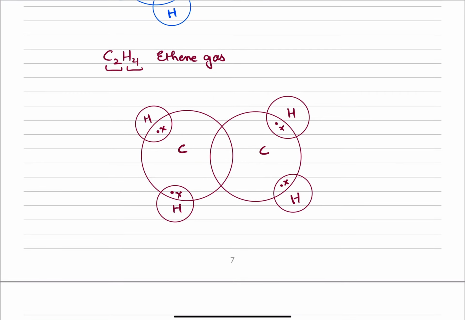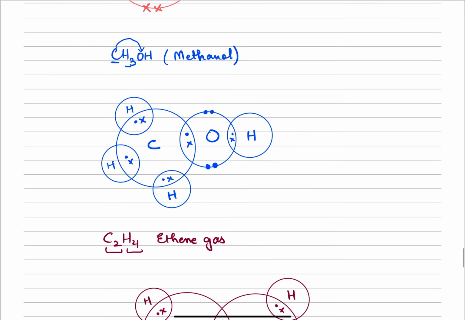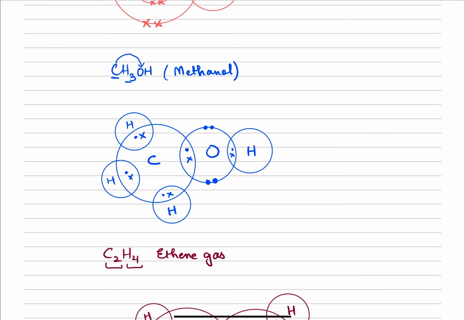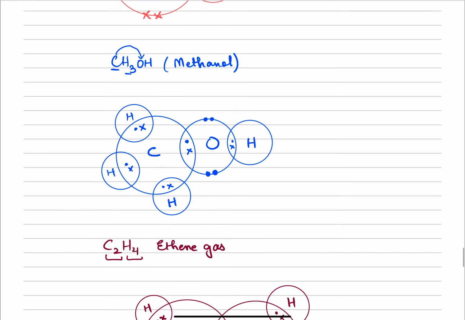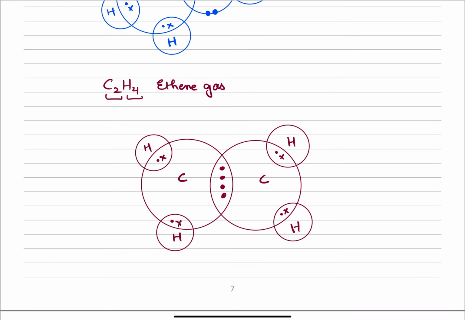So 2 have already been used, and 2 electrons are coming from this carbon, and 2 electrons are coming from this carbon. Hence 4 electrons are being shared here in this case. And this is different now because in all the above cases, we were only sharing 2 electrons between 2 atoms. Here 4 electrons are being shared between 2 atoms. So this is a double covalent bond. This is not a single covalent bond. This is a double covalent bond.